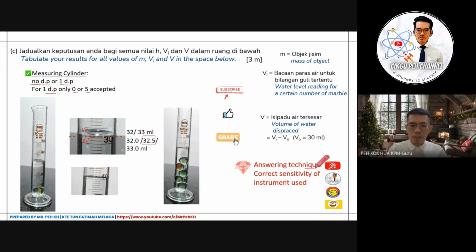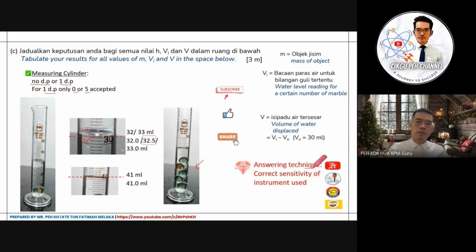Okay, another data point I want to show you. This is the last data I got, where I placed 5 pieces of marbles inside the cylinder. I get the reading here. You can see the water level is exactly 41. Again, you can choose no decimal place, which is 41, or 41.0.